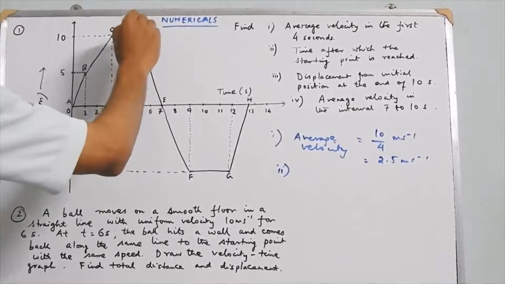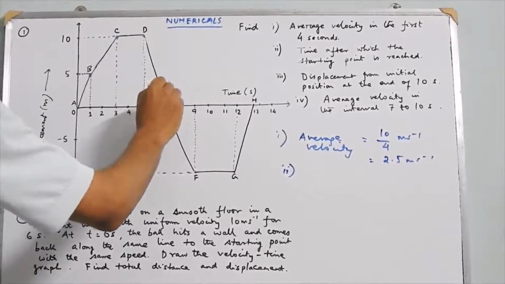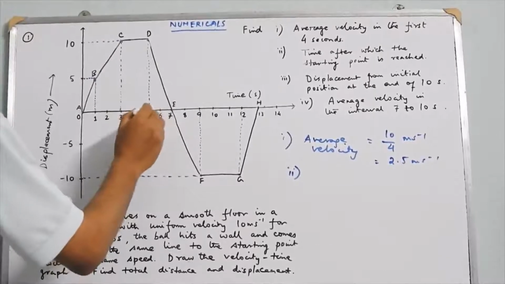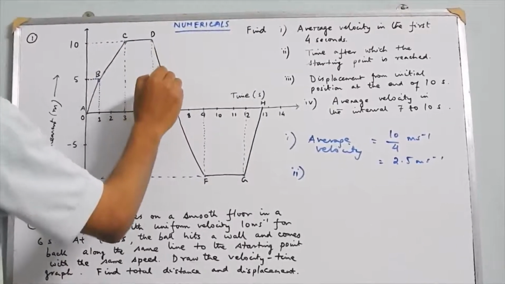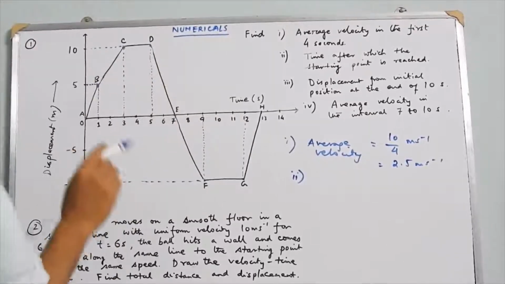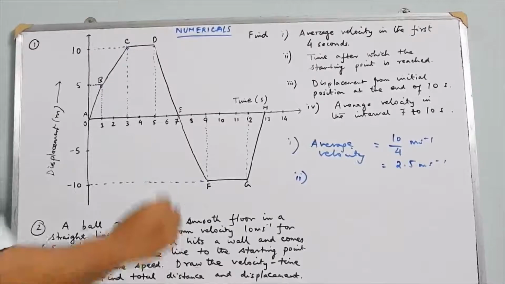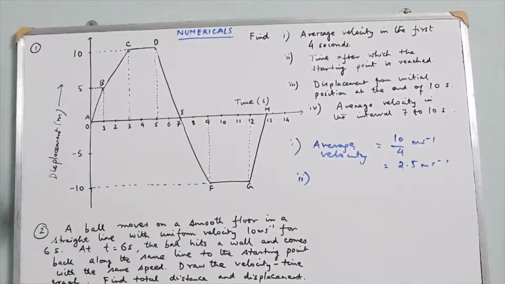Then as the graph is descending downwards up to E, it means that at 6 seconds or at any instant between 5 to 7 seconds, the displacement is decreasing, which means that the body has changed its direction of motion, and so at 7 seconds it again reaches back to the same position from which it started.